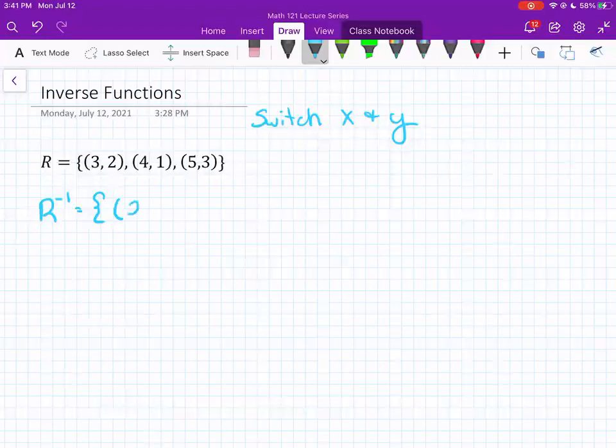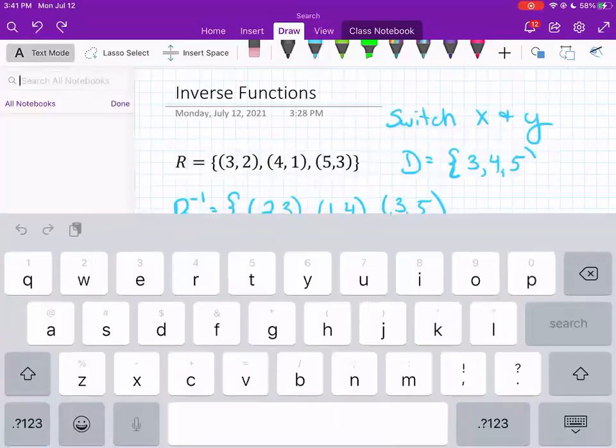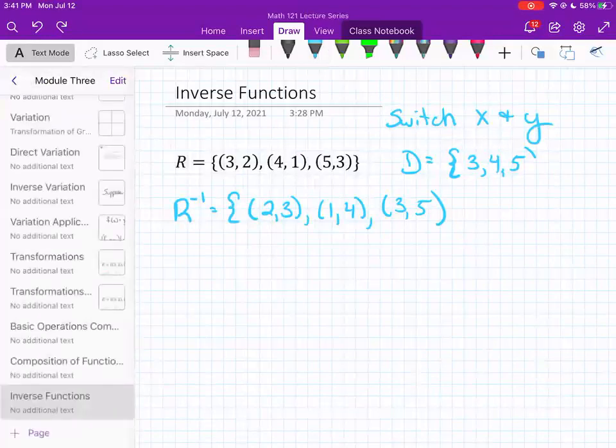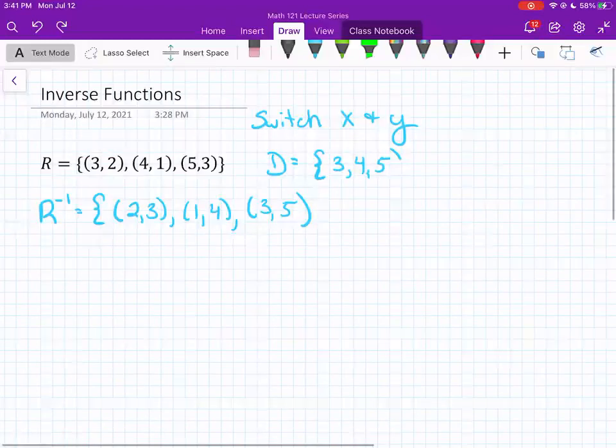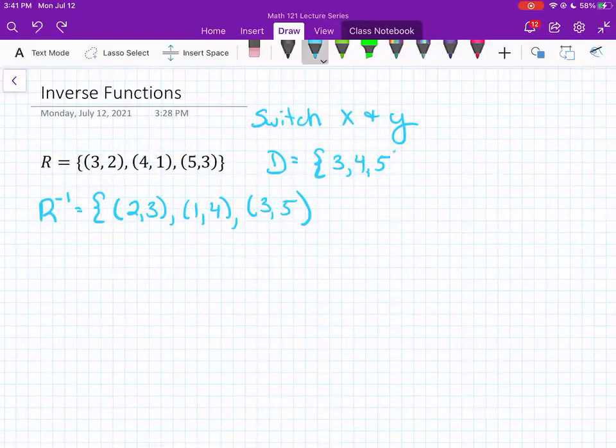So my inverse relation would be (2, 3), (1, 4), (3, 5). Notice also the domain and range will switch. The domain of my original relation is 3, 4, 5, and the range is 2, 1, 3.